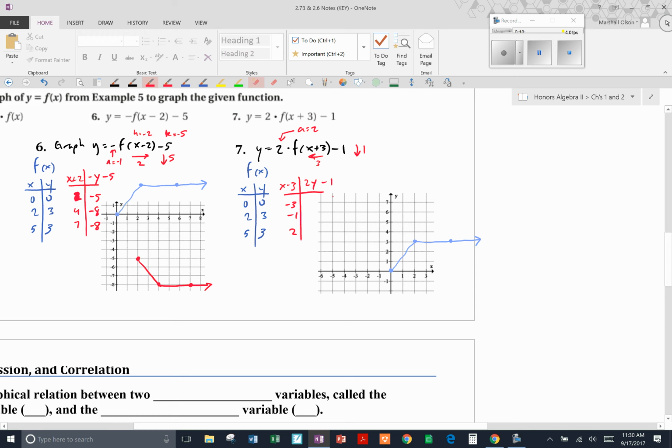So I'm going to subtract 1 from my y values. So I'm going to double all my y values and then subtract 1. So we're going to have negative 1 because 0 minus 1 is negative 1. And then I'm going to double them and subtract 1 and get 5 in both cases. So we have negative 3, negative 1, negative 1, 5, and 2, 5.